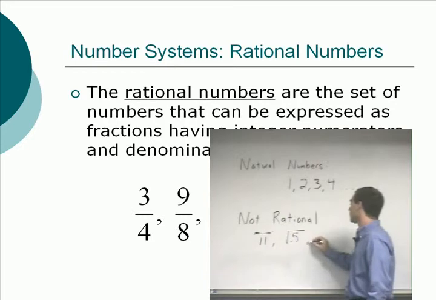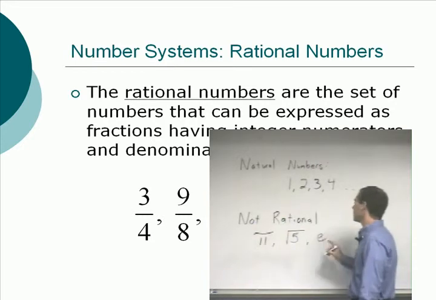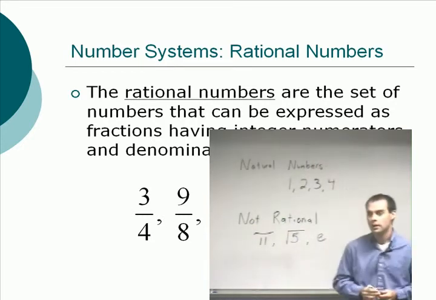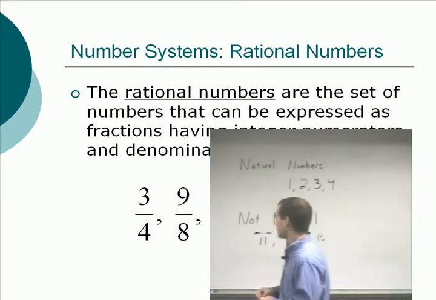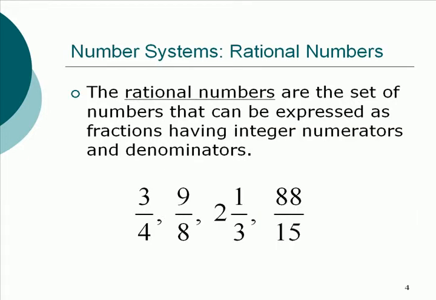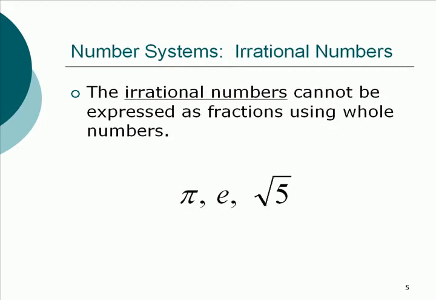And another example is another constant, e. E is a constant value. Its decimal goes on forever but never repeats. And that makes it a number that is not rational. We call numbers like this the irrational numbers. They cannot be expressed using whole numbers within a fraction in the numerator and the denominator.